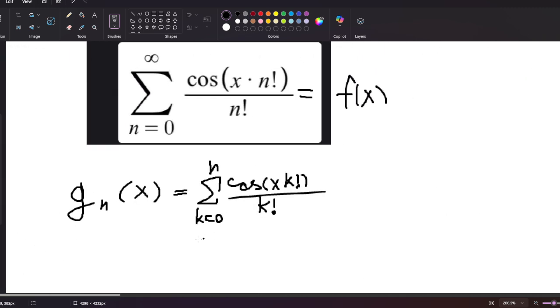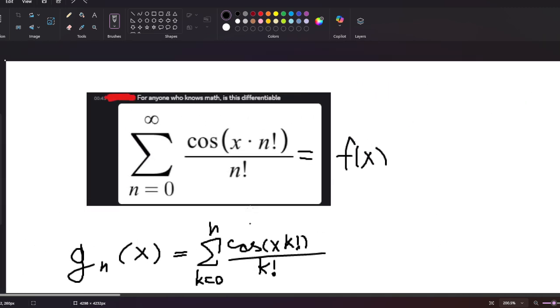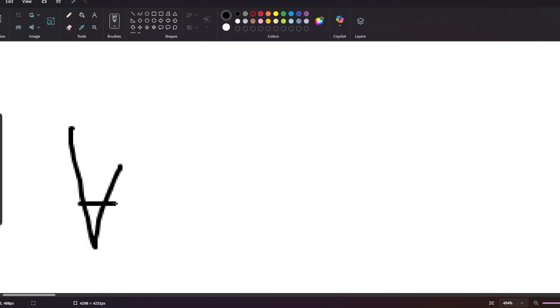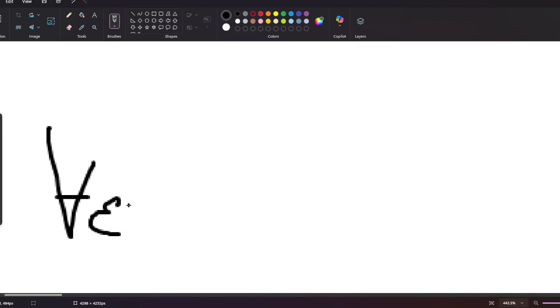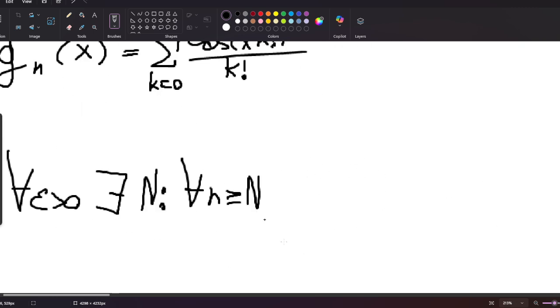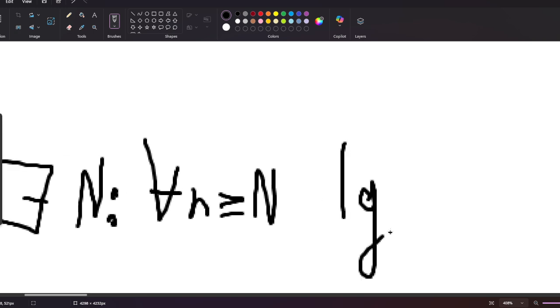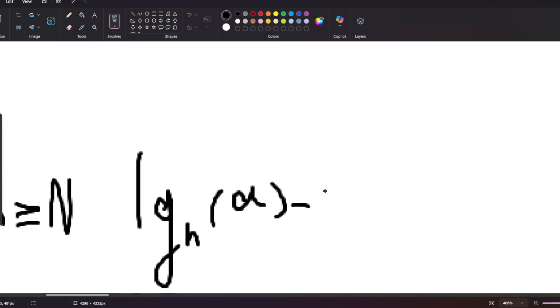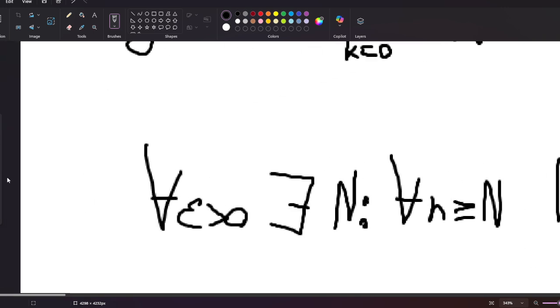Now, for every epsilon greater than 0, there exists this capital N, such that for every n greater than or equal to capital N, g n of a minus f n of a is less than epsilon, and let's also denote this for every a.